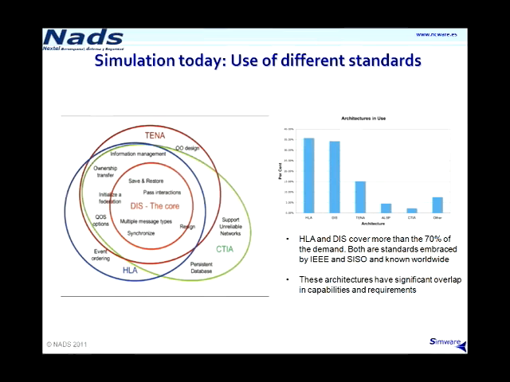Of these, this is the most ancient, having more than 20 years. But it's still the main architecture in a lot of simulators. As is well known, HLA was born as an evolution of this with the idea of substituting it, but it still hasn't been able to do it. All these standards have a lot of characteristics in common, but also a lot of differences. The interoperation between them is not an easy task.